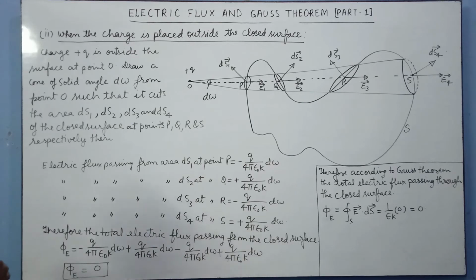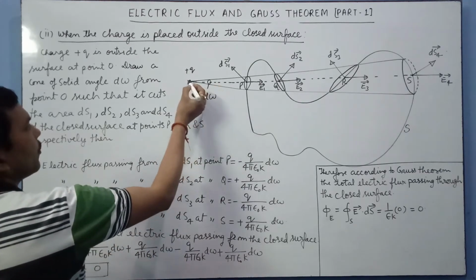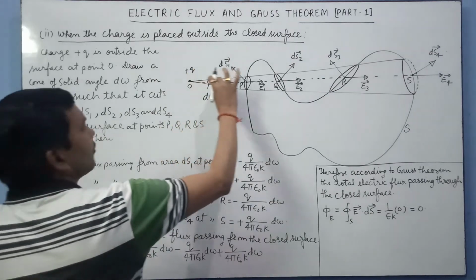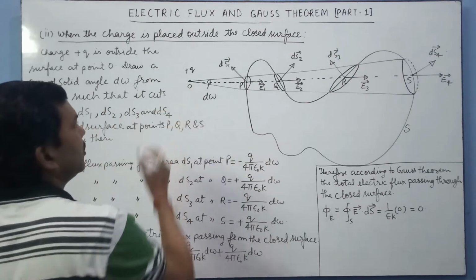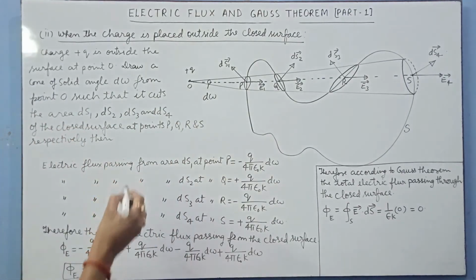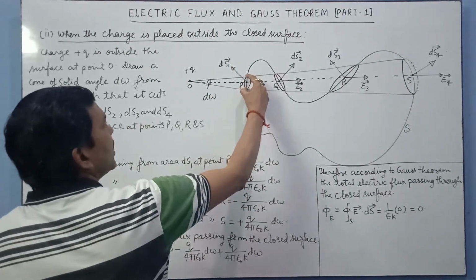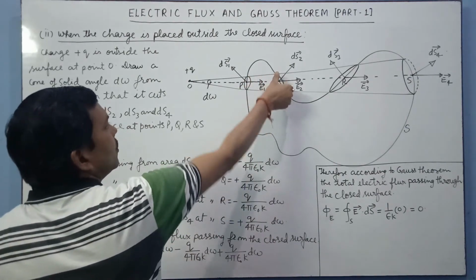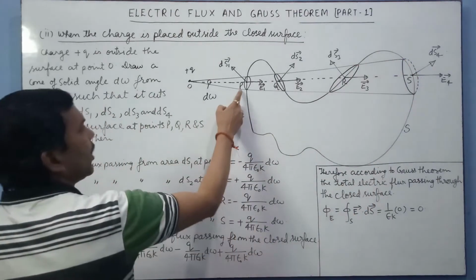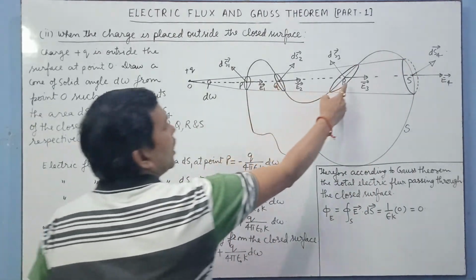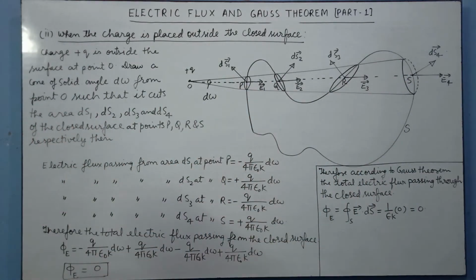We will draw a cone of solid angle dω from point O. From this point O, it will cut the surface of area ds1, ds2, ds3 and ds4 at points P, Q, R and S of the surface capital S.